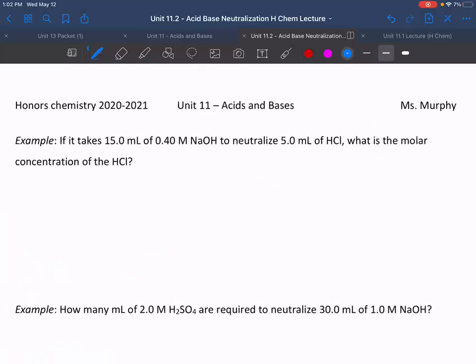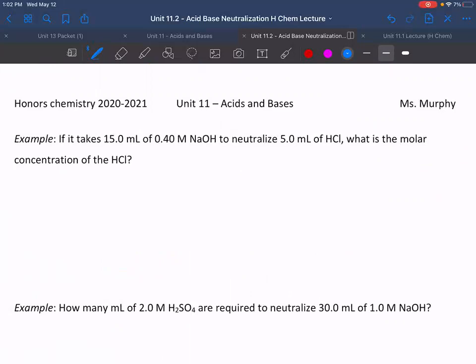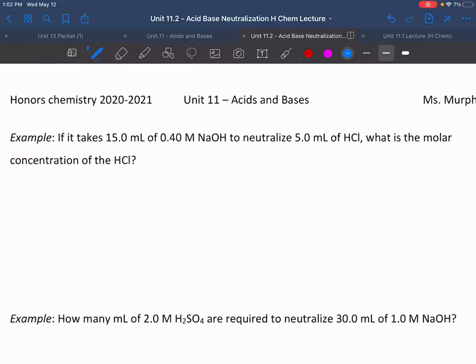If it takes 15 milliliters of a 0.4 molar solution of sodium hydroxide to neutralize 5 mL of hydrochloric acid, what was the initial concentration of HCl? So this is very similar to what's going to go on in lab. We're going to determine the concentration.